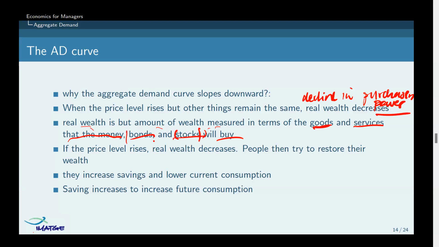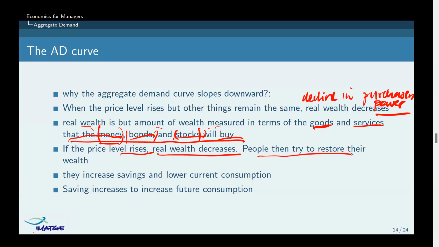If you have bonds, you can redeem the bond. If you have money, cash, or in the bank, wherever. So we are summing all these sources as your wealth. It's an aggregation of all your net worth. So now you are able to buy less because of an increase in the price level.